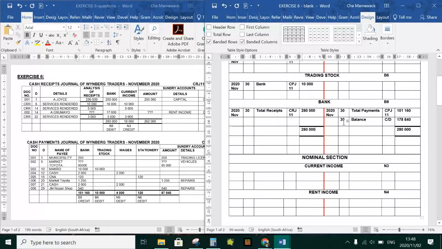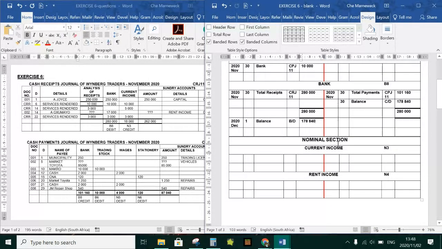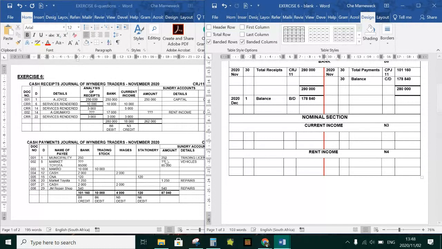And then on the opposite side to your balance carried down, on the first day of the next month, so 2020, December the 1st, I have a balance. It's not carried down anymore, it's brought down. So how much money is sitting in my bank account at the start of December? 178,840.